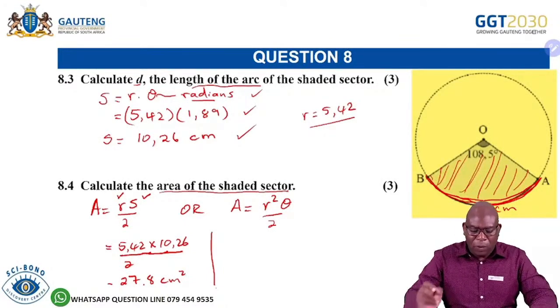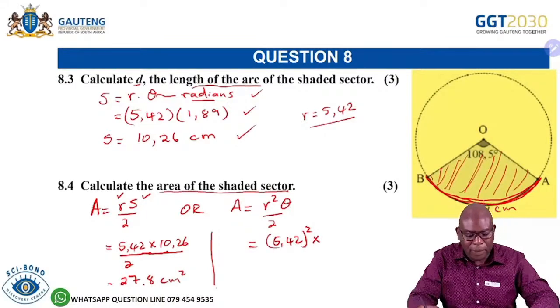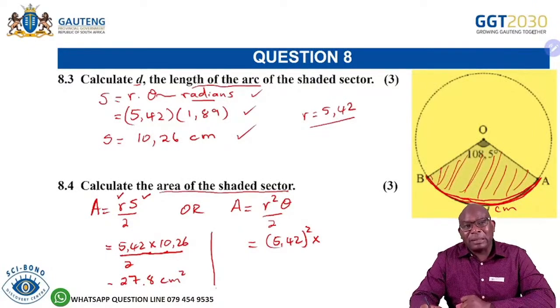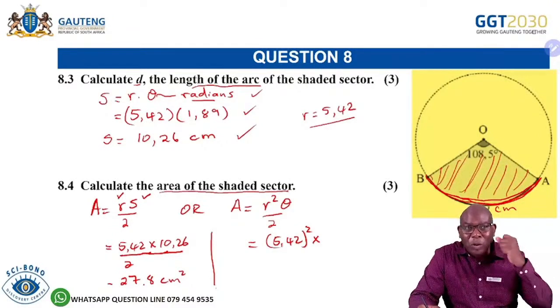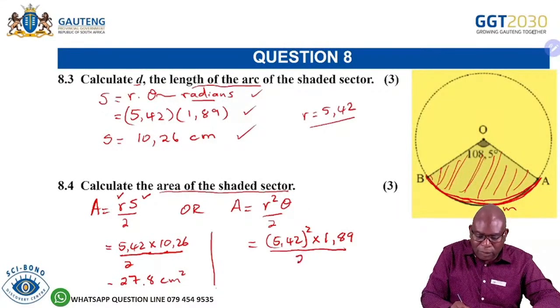Okay. With this one, obviously, I'm going to substitute my R. It's 5.42 squared multiplied by theta. Remember your theta is your angle in radians. When you're dealing with these sections, our angles are in radians, so we must always know how to change them. So I'm going to write 1.89, not 108.5.